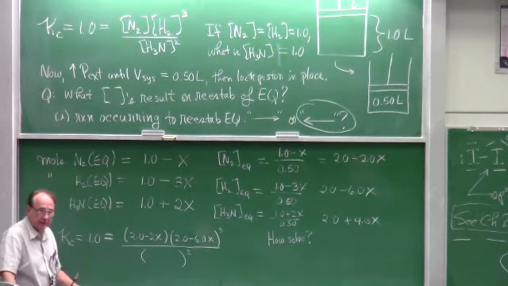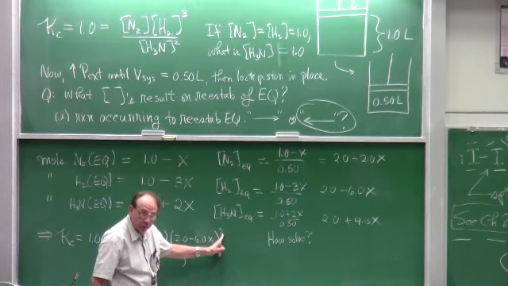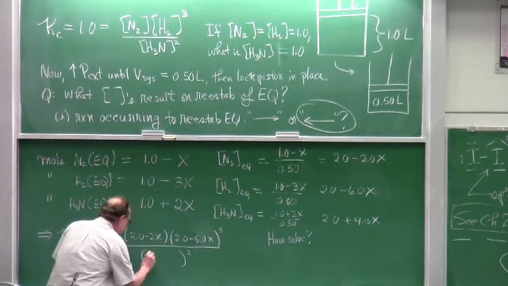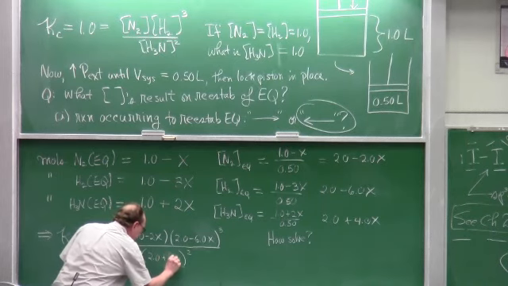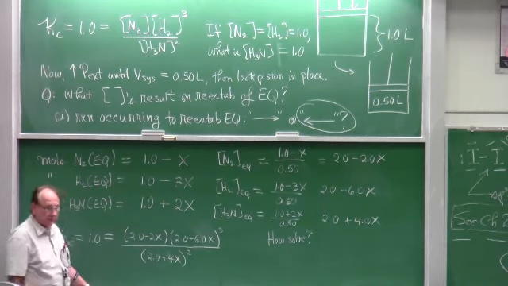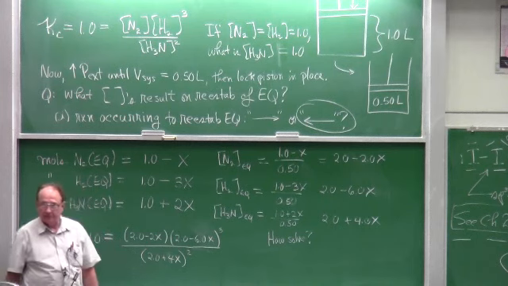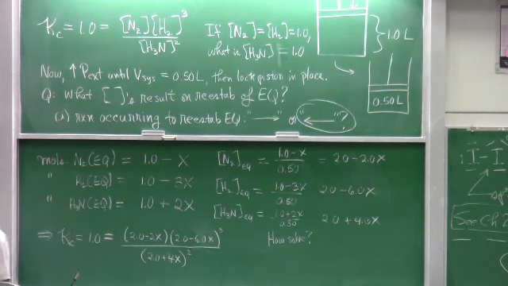There's the hydrogen concentration, cubed. And there's the ammonia concentration, quantity squared. And now we get to the $64 question. How do we solve this thing?